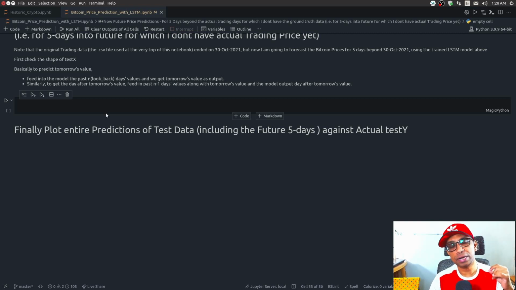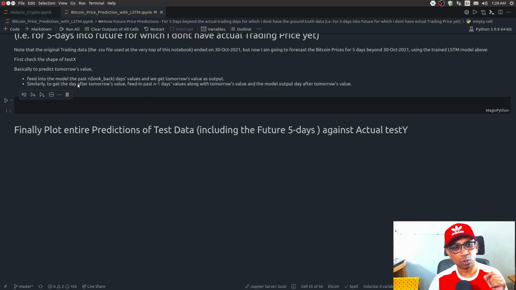That is, to predict tomorrow's Bitcoin price, I have to take the historical prices of the immediately preceding last 5 days. I have actually written the note here: feed into the model the past n, that is the look back number of days values, and we get tomorrow's value as output.